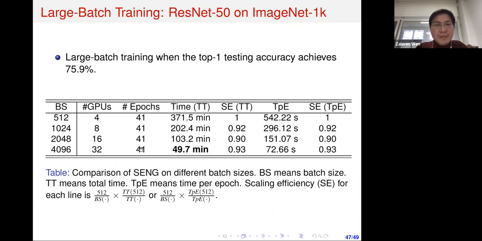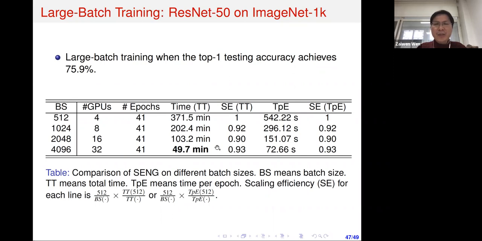However, for all cases, we tune our algorithm such that it converges to achieve 75.9% testing accuracy in 41 epochs. And the total computational time is those numbers. On 32 GPUs, we are able to do it in 50 minutes.